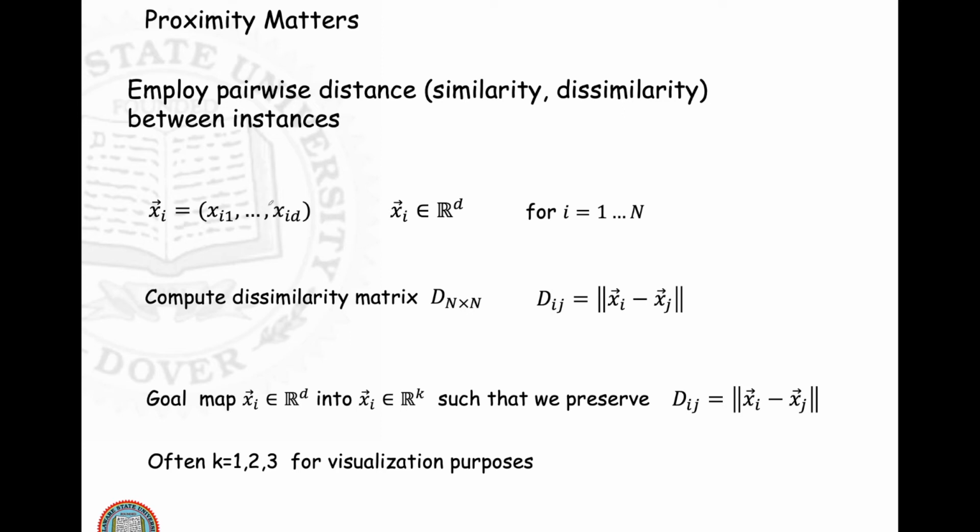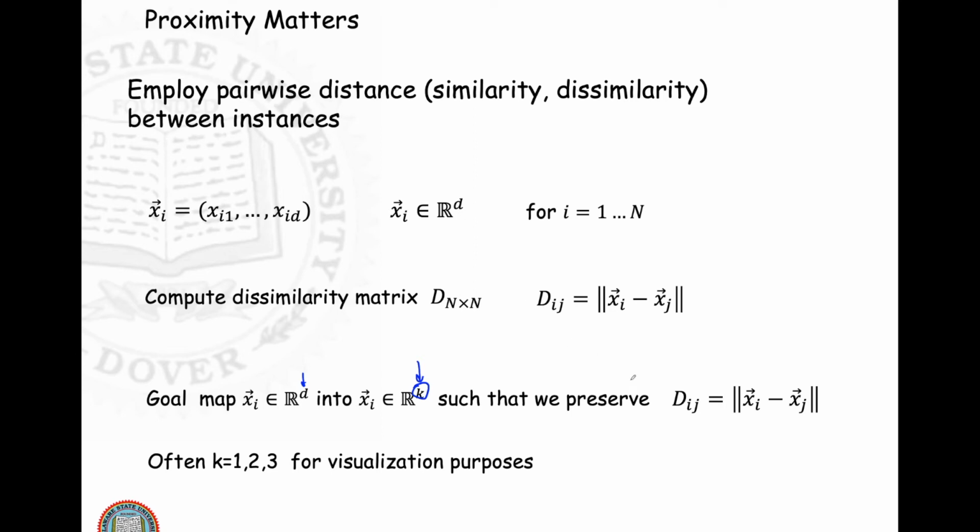And so the goal that we have is to try to find a new representation to go from d dimensions, R^d, to k dimensions, where k is less than d. So we're going to reduce the dimensionality, and in reducing the dimensionality, we're reducing the number of measurement types or the number of features. So we're going to go from d many features to k many features, and we want to do so in a way that preserves the relative affinity or the relative relationships pairwise between all the points in our data set.